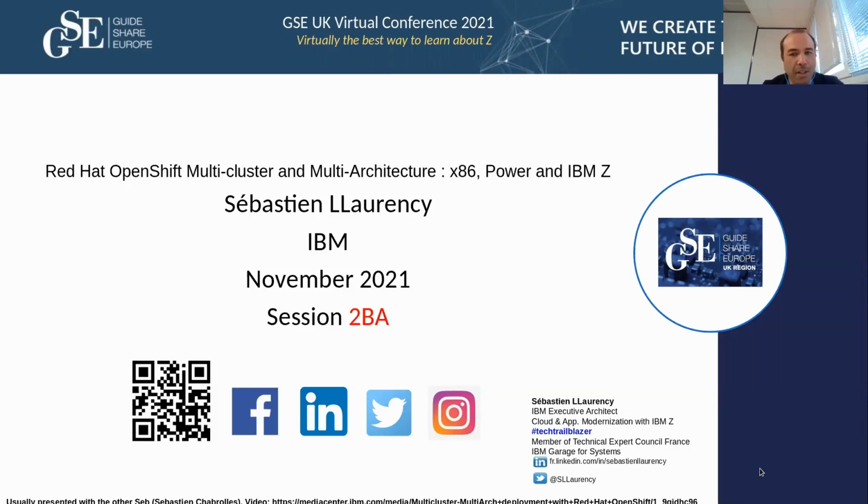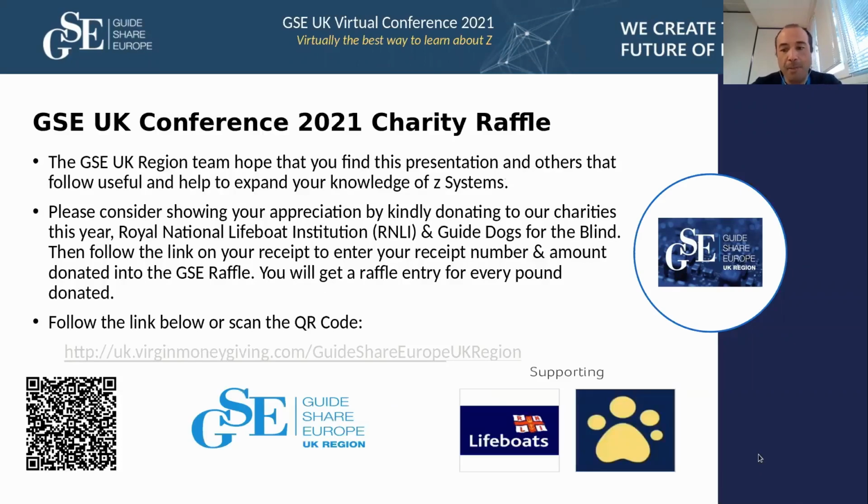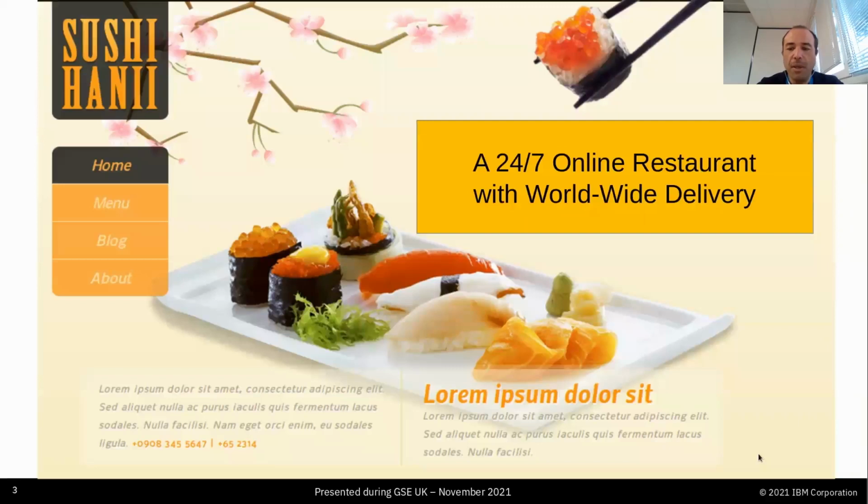As an introduction, I have a few slides to position the environment and the scenarios that we're going to see together. What we created is a simple application called Sushi Web. It's like a 24/7 online restaurant for the scenario, and we consider that this is a worldwide delivery for this customer.